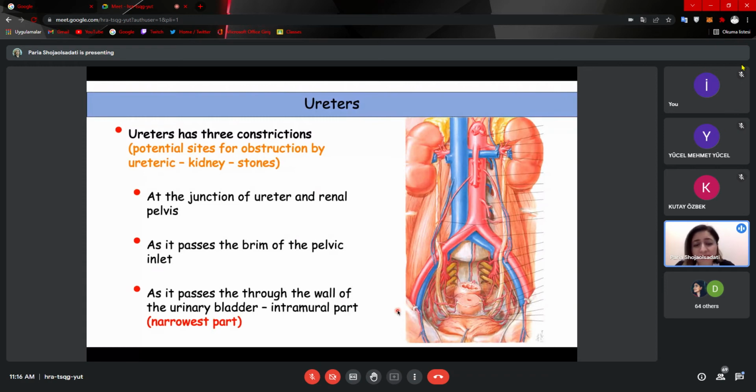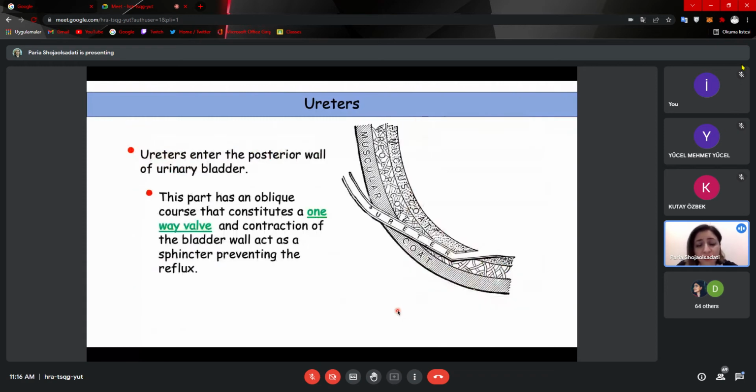You can see the last part of the ureters, the part that is embedded in the wall of the bladder. This part has an oblique course that works as a one-way flap valve, and contraction of the bladder wall acts as a sphincter, preventing the reflux of urine from the bladder into the ureter.